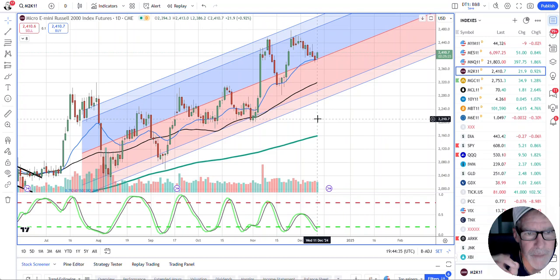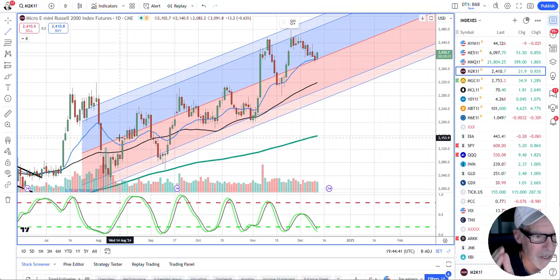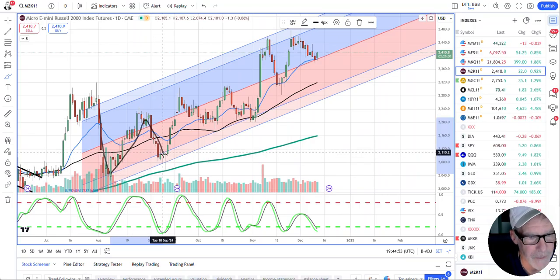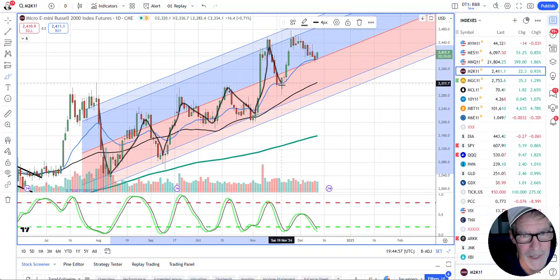But here's the thing about small caps. It's not a perfect pattern every time, but you get the dip down, right, to take out the risk of the trade, and then hit support of some kind, bounce right back up strongly, back down, back up, back down, back up, back down, way up, back down.